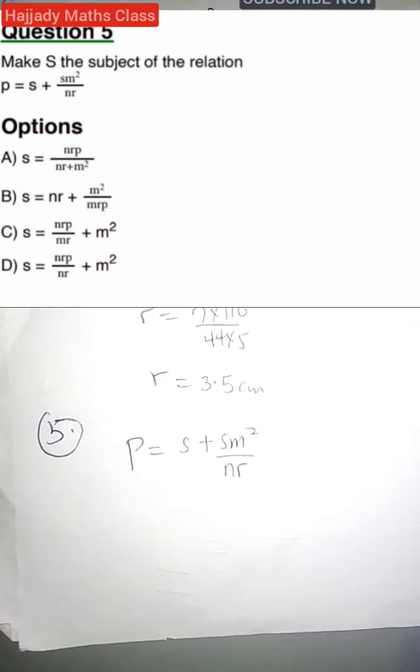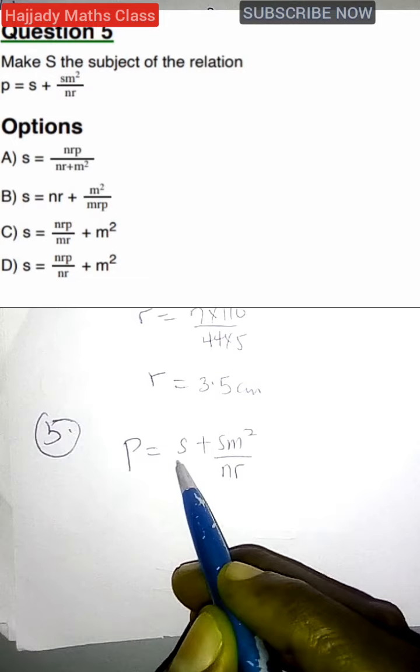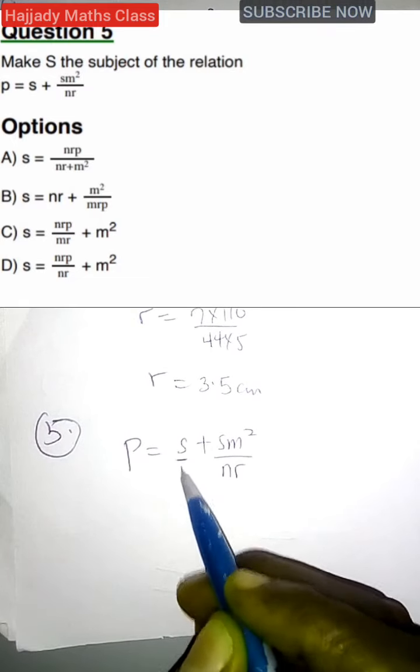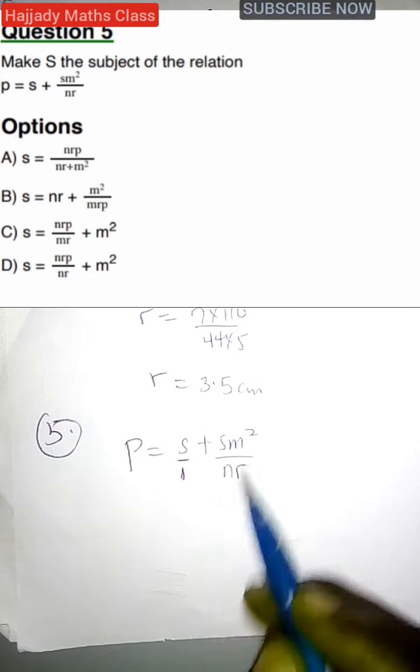Now we are going to make S the subject of the formula. If you check some of the videos I've uploaded in the past, you will see that I've worked on change of subject of the formula also. The easiest way to do this is to find the LCM to make this a single fraction.